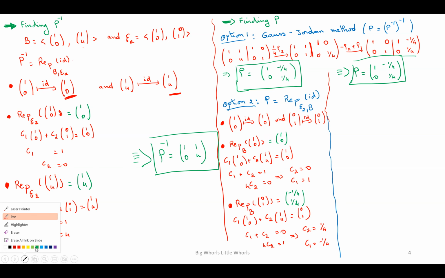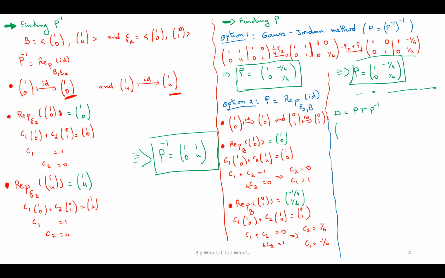So the final answer is the following. We say that a matrix is diagonalizable if we can find P and P inverse such that P multiplied by T multiplied by P inverse equals a diagonal matrix. And that diagonal matrix, as we have seen, is made of the eigenvalues.